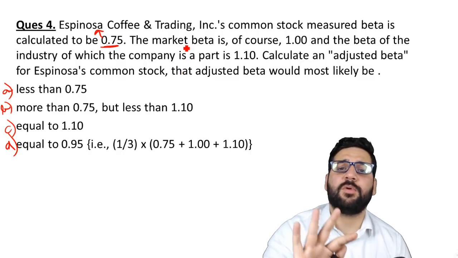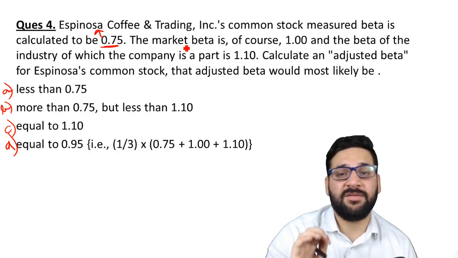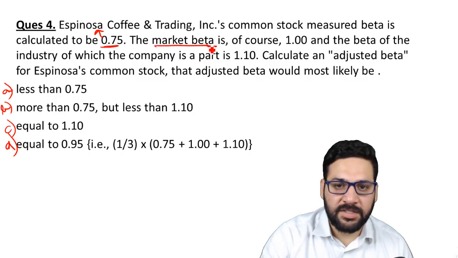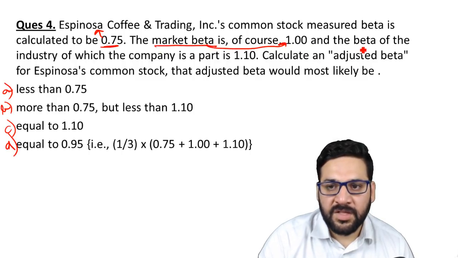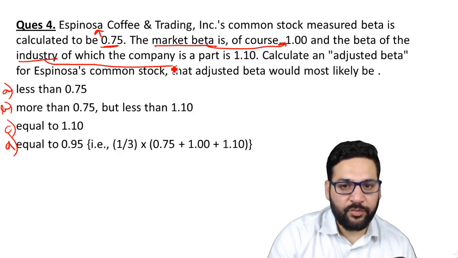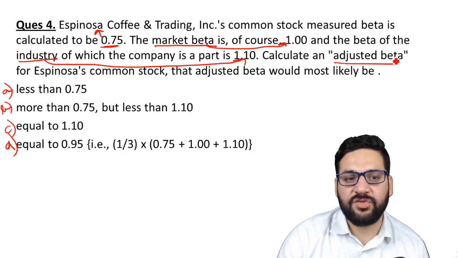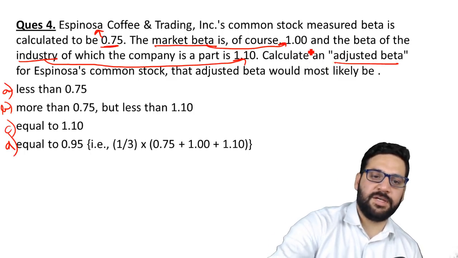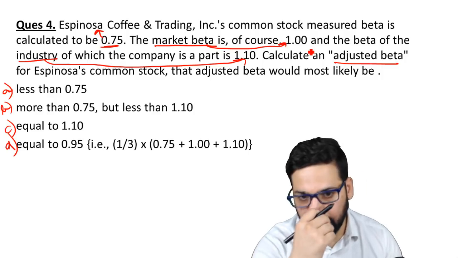This is actually a really important question, really simple but really important. The market beta is 1.0. The beta of the industry is 1.10. Calculate the adjusted beta. So really simple question, students. Just do this yourself.